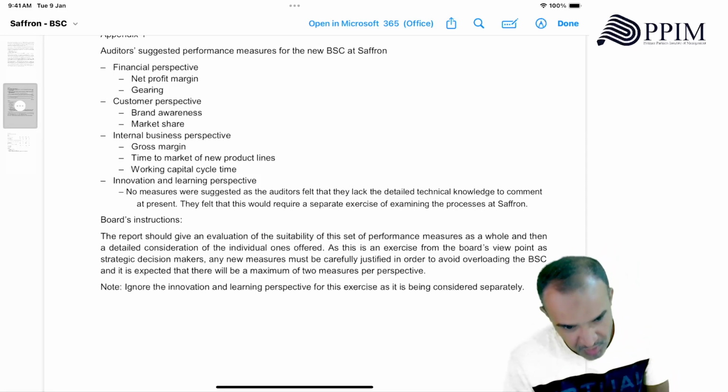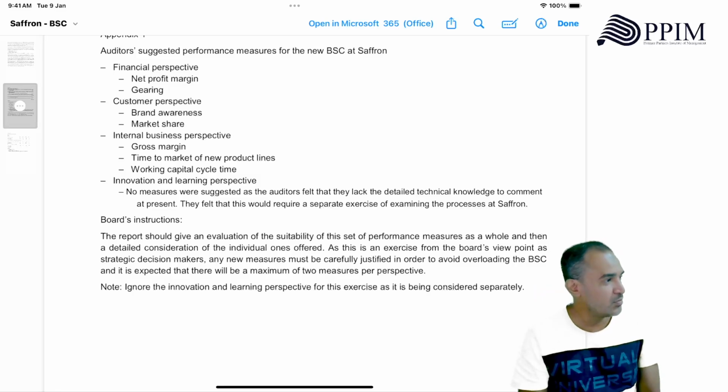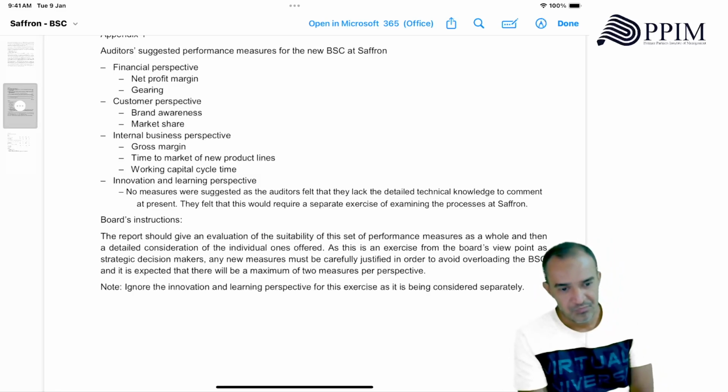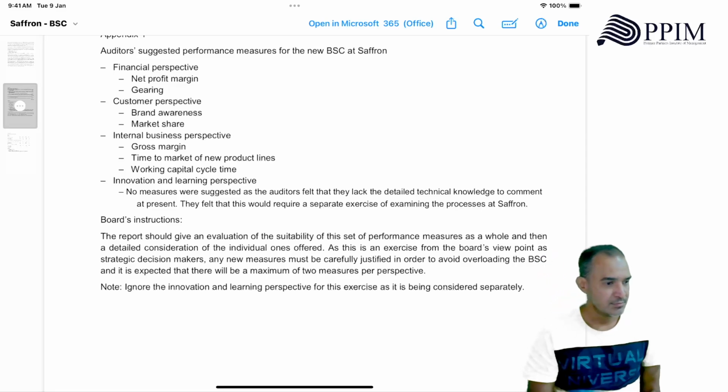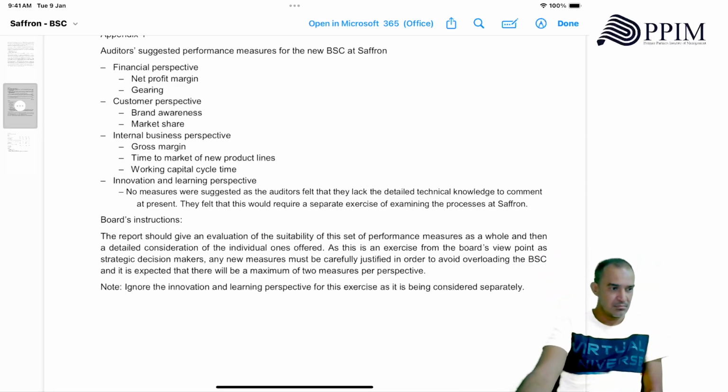Number two, market share. Very important. High market share would mean our position is strong. Right.